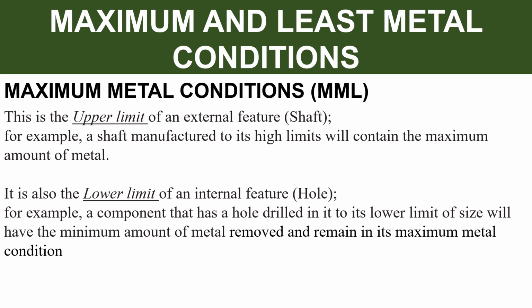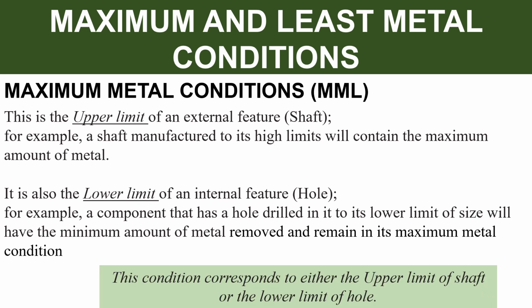So, for the hole, the lower limit removes the minimum metal, leaving the maximum metal. Therefore, maximum metal condition for the hole is the lower limit. So, this condition, maximum metal condition, corresponds to either the upper limit of the shaft or the lower limit of the hole.